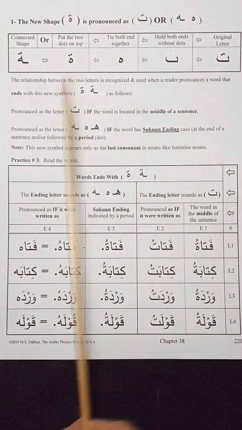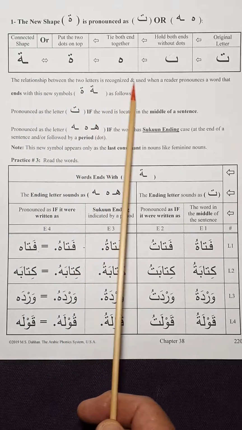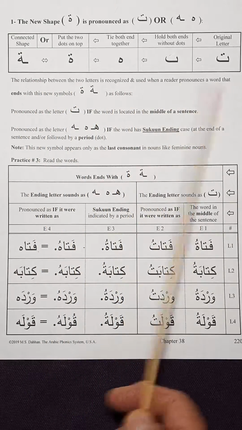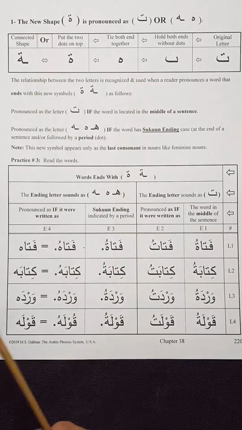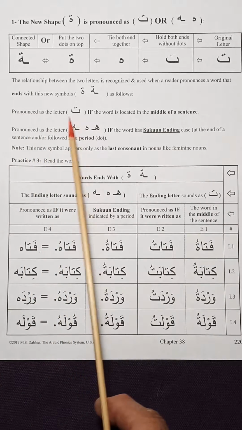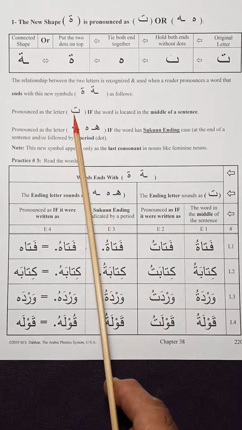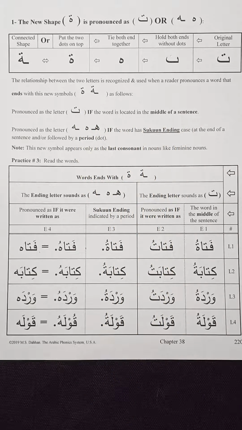I think I mentioned this before, I don't remember. The relationship between the two letters is recognized and used when the reader pronounces a word that ends with this new symbol. Okay, I see now why we did that. You will see now. You pronounce it like T if the word is located in the middle of the sentence.